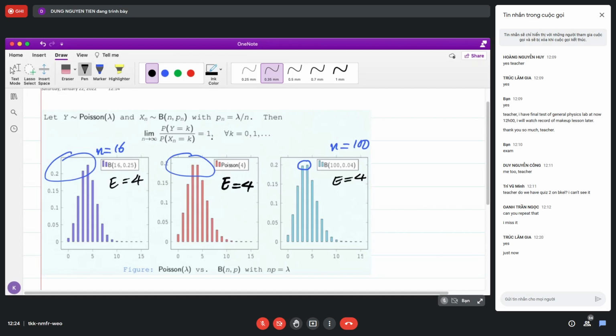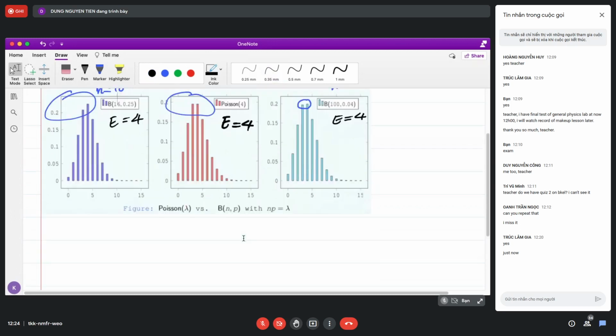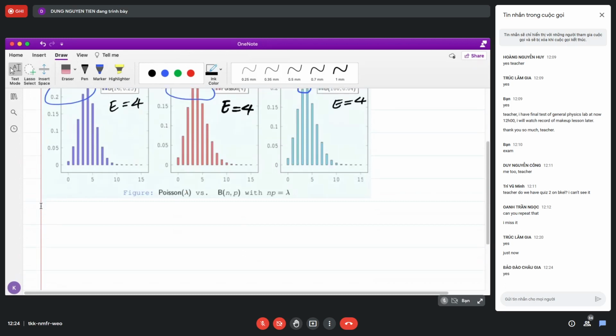It means that when n goes to infinity, a binomial distribution is very close to a Poisson distribution. Do you understand what I'm saying? Is that clear to everyone? That makes sense, right?